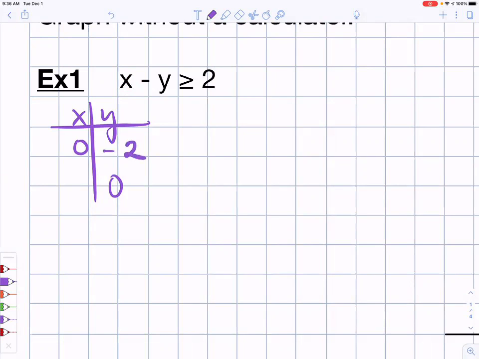And then you want to do the same thing. You want to plug in a 0 for your y value. So you want this whole term to go away because it's going to become 0. And solve, and your x value is +2. Well, now what I've done is I have created 2 coordinates. We already know it's a line, and I can connect my two coordinates with a line.